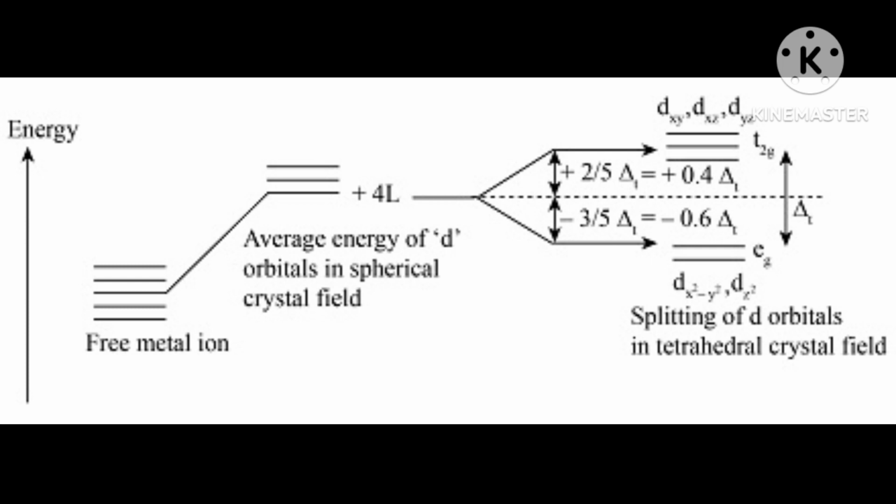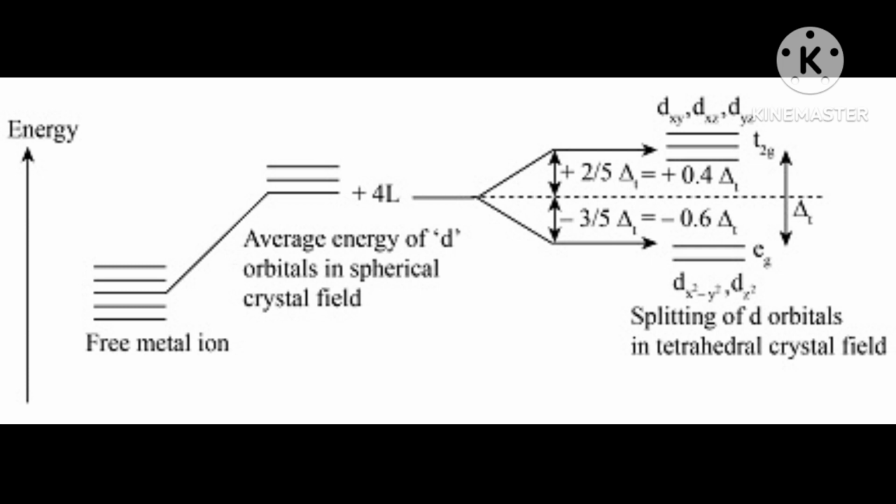Then 500 and 498, what is the difference? Very less, negligible. Then its color is also blue green, same. Color absorbed is the same, blue green, in both cases. Then blue green is absorbed, so complementary color will be what? Violet. In this case it will be violet complementary color.